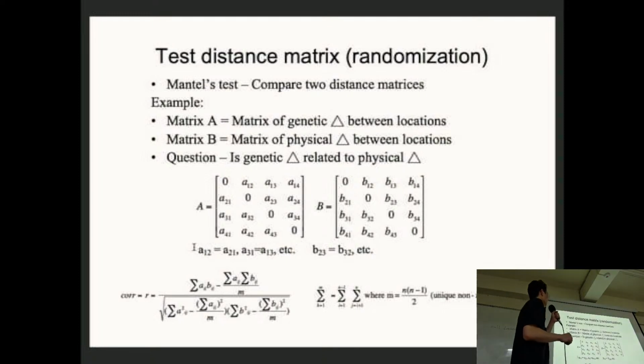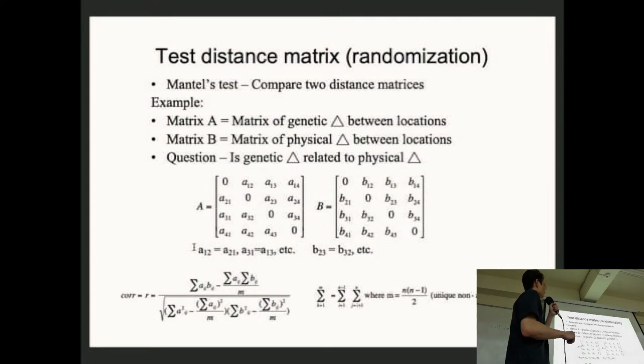In this example, I'll calculate the genetic distance between locations. So I have 4 sampling sites. A12 is the genetic distance between site 1 and site 2, and so on and so forth. Right? I can calculate the genetic distance between pairwise locations.